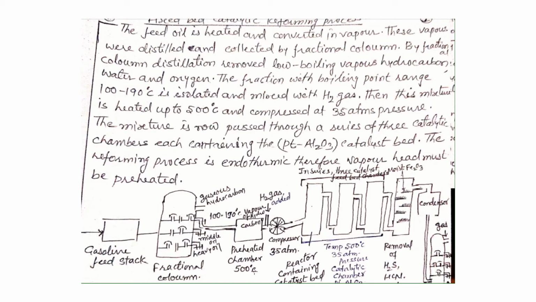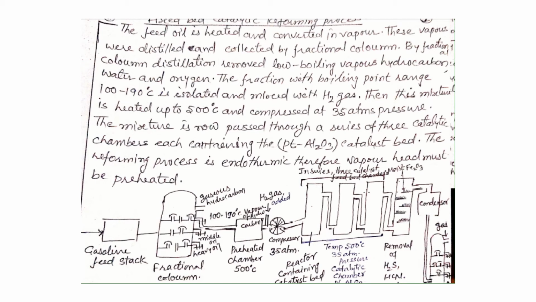They are passed into a preheated chamber at a temperature of 500 degrees centigrade, hydrogen gas is added, and with the help of a compressor the pressure of this catalytic chamber is maintained at 35 atmospheres.